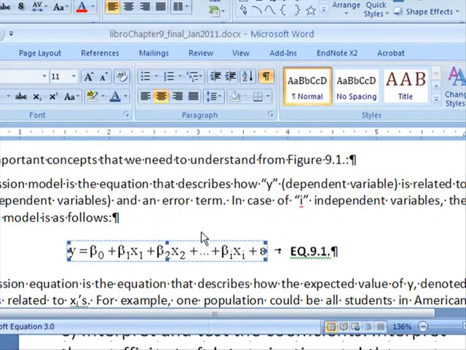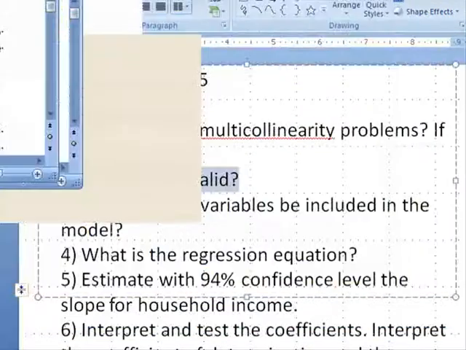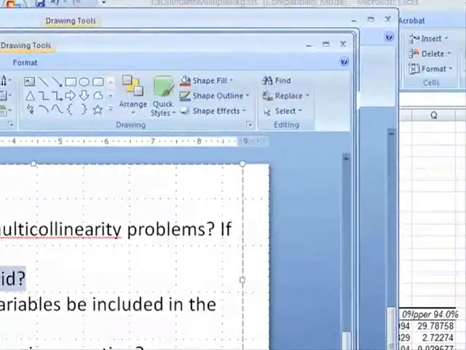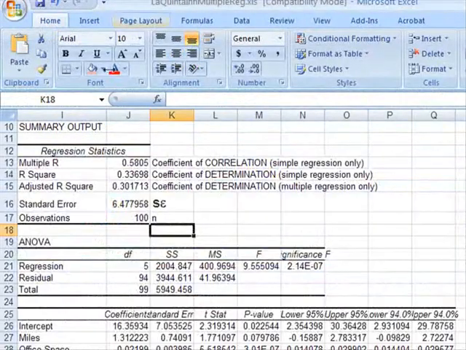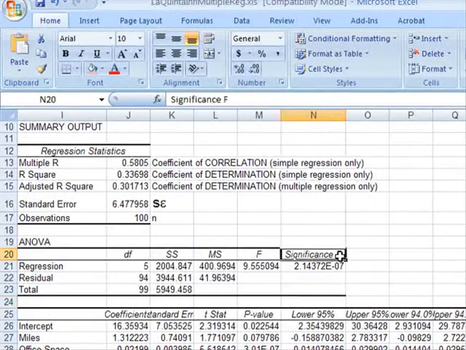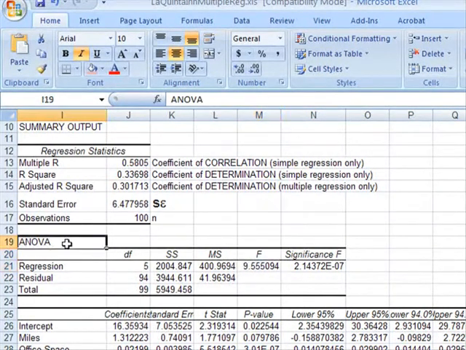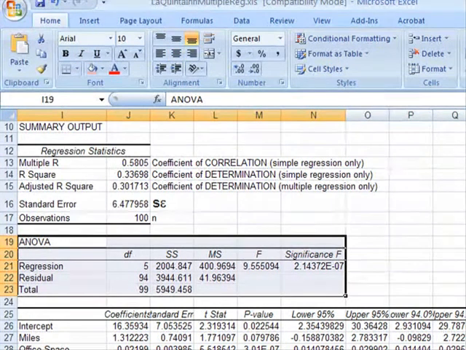And since we're testing many at once, we use ANOVA. So we go back to our data and notice that the ANOVA table is already given to us. Significance F is my p-value, F is my test statistic, and then we have everything else similar to what we had in the ANOVA chapter.